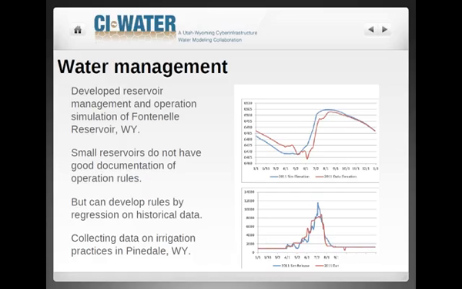Yeah, and I'm not in a position to answer those questions because I didn't do this work. Oh, okay. But you guys did talk with the reservoir operators. Yes, he did. In fact, a few weeks ago, he spent a week up in Pinedale talking to people who operate some of the smaller reservoirs. Right.